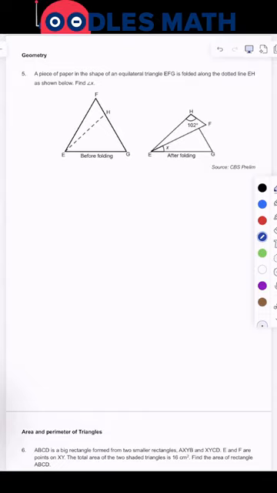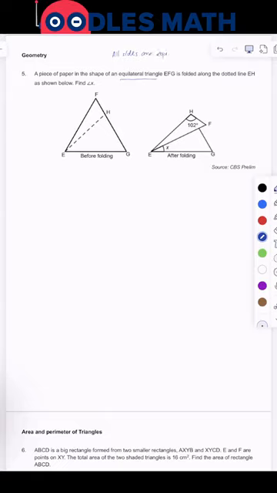Okay, so they show the picture below, before folding and after folding, along the fold line, which is EH, the dotted line there. Now, first, let's take a look at the first sentence. What are the properties of an equilateral triangle? Very clearly, in an equilateral triangle, all sides are equal.